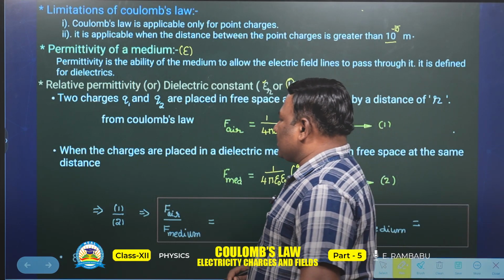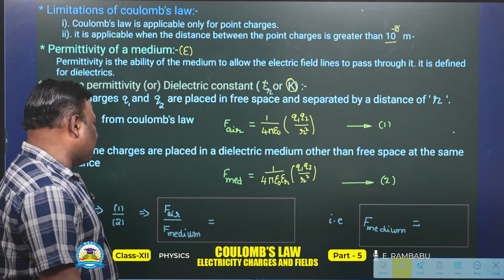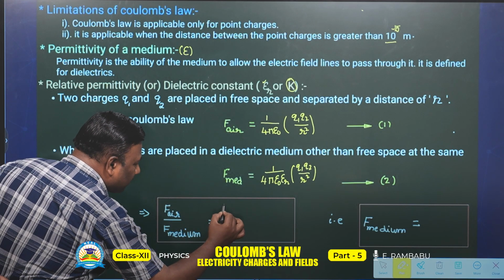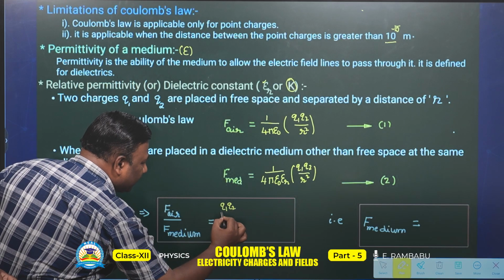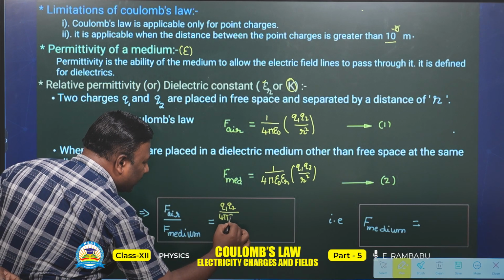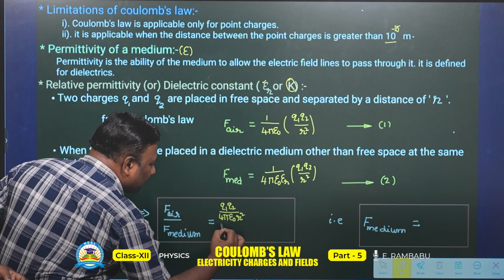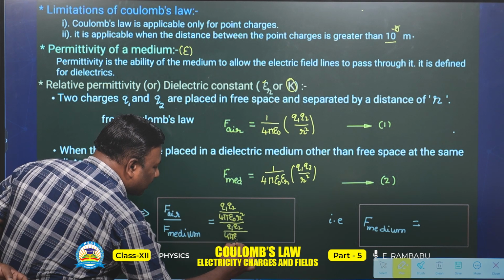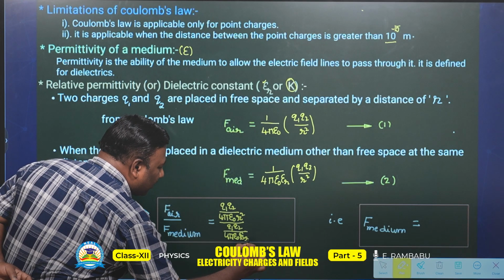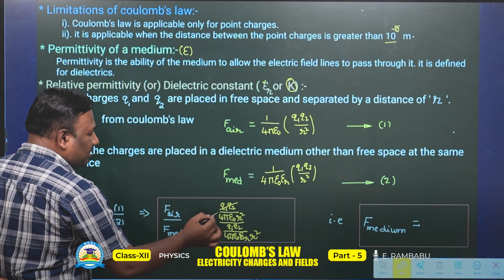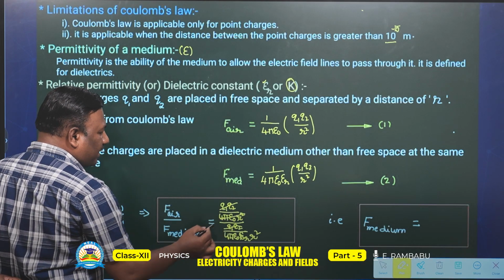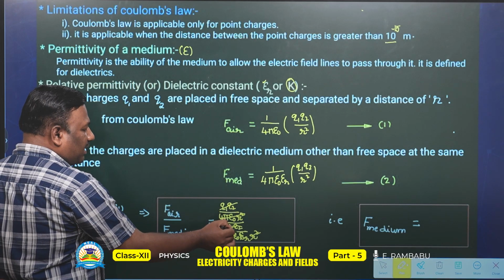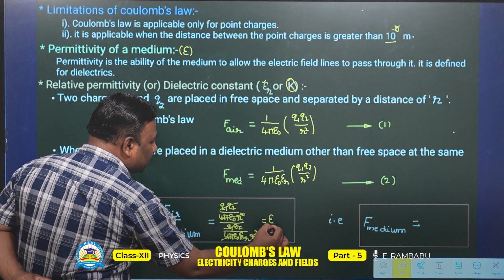Now I consider equations 1 and 2 and take the ratio of both equations: force in air divided by force in medium. That gives q1 q2 by 4 pi epsilon naught r square divided by q1 q2 by 4 pi epsilon naught into epsilon r into r square. See which terms cancel: q1 q2 cancel, and 4 pi epsilon naught r square cancels. Then 1 divided by 1 by epsilon r finally gives epsilon r.